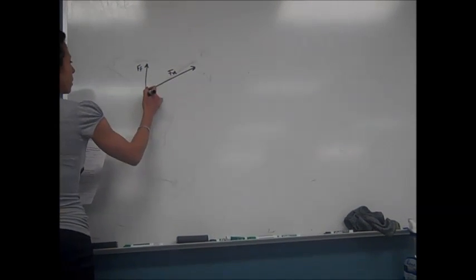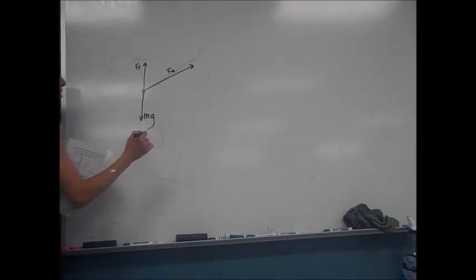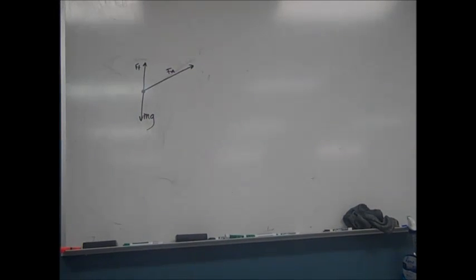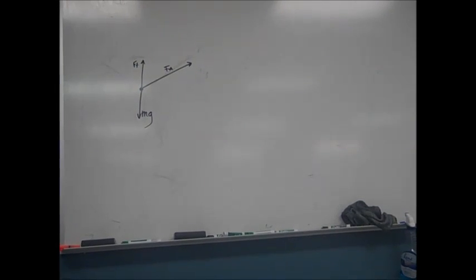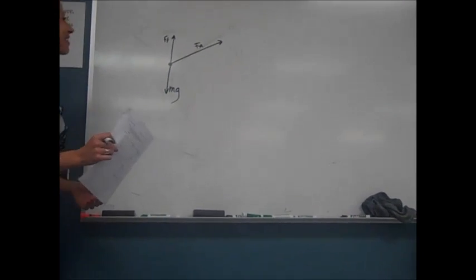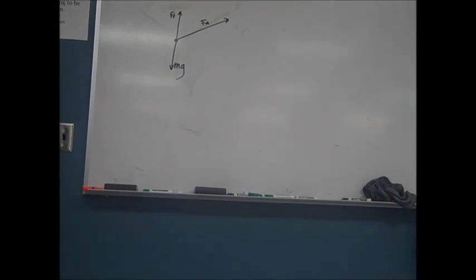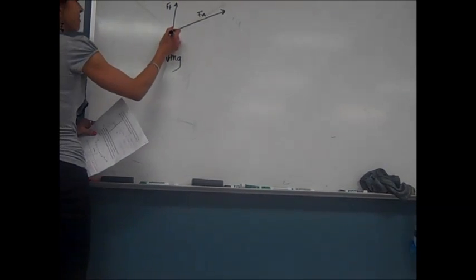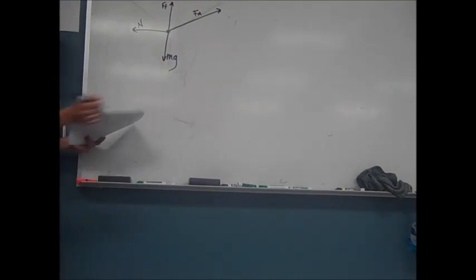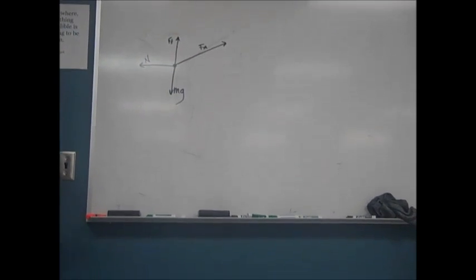And then mg goes down, gravity. And then what's the other force that I need here? The normal force. Yeah, the normal force. And which way does the normal force go? To the left. Which is weird. Have you ever seen a normal force go to the left before?